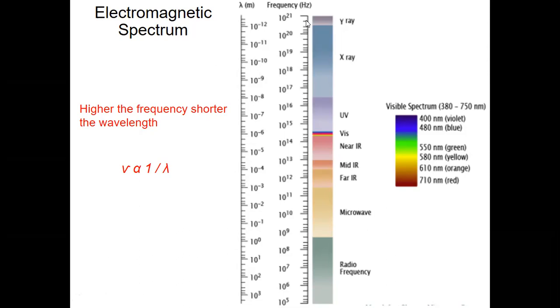And when we go through the frequency scale, the bottom is the lowest number, and from bottom to top, the frequency is increasing. Bottom is 10 to the power 5, top is 10 to the power 21.